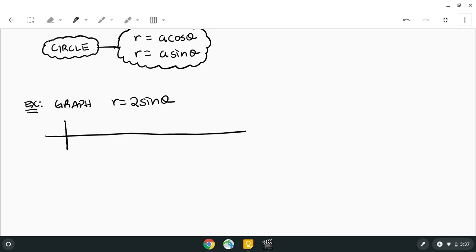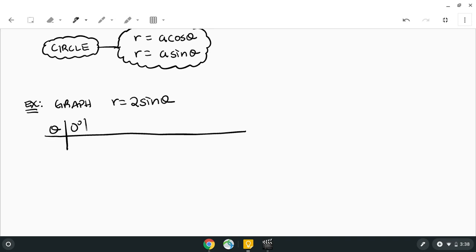Of course, I'll choose the quadrantal ones, 0, 90, 180, 270, but not 45 degrees, because sine of 45 degrees is square root 2 over 2. I'm not going to choose 60 degrees because sine of 60 degrees is square root 3 over 2. But sine of 30 degrees is 1/2. That's easy.